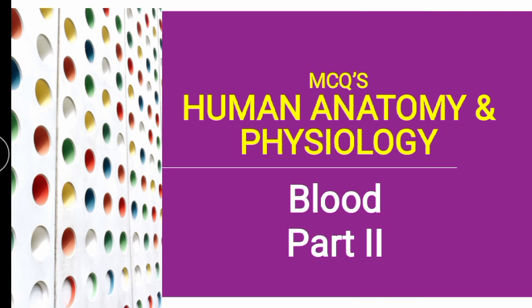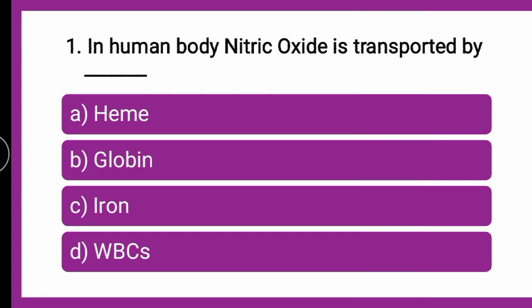If we start with the first question, the question is, in the human body, nitric oxide is transported by dash. Here in blood you have seen oxygen, carbon dioxide and nitric oxide, which are the gases transported. In part 1 we covered oxygen and carbon dioxide transport.